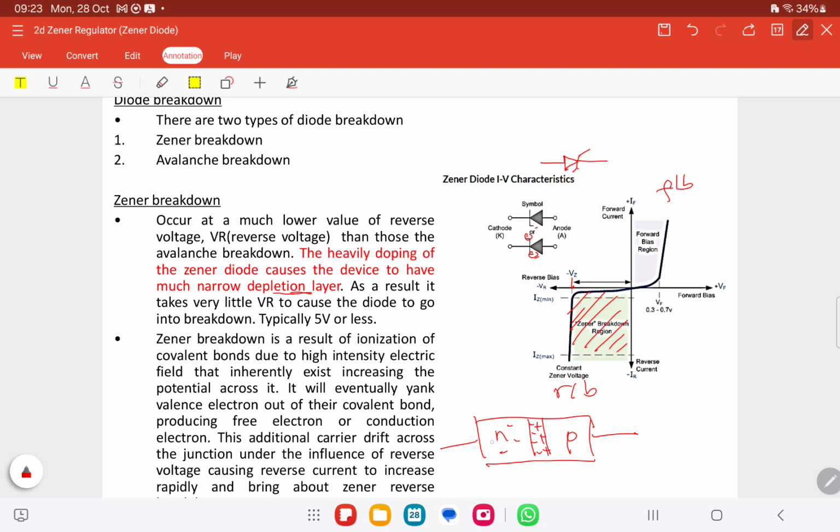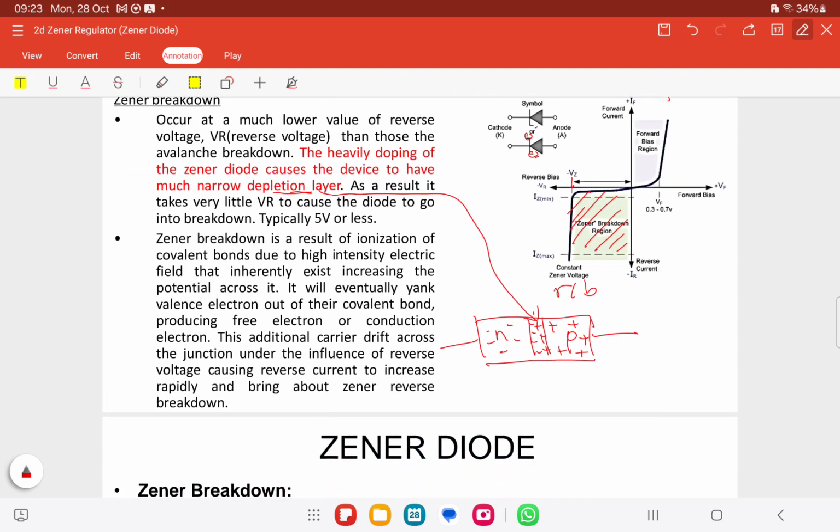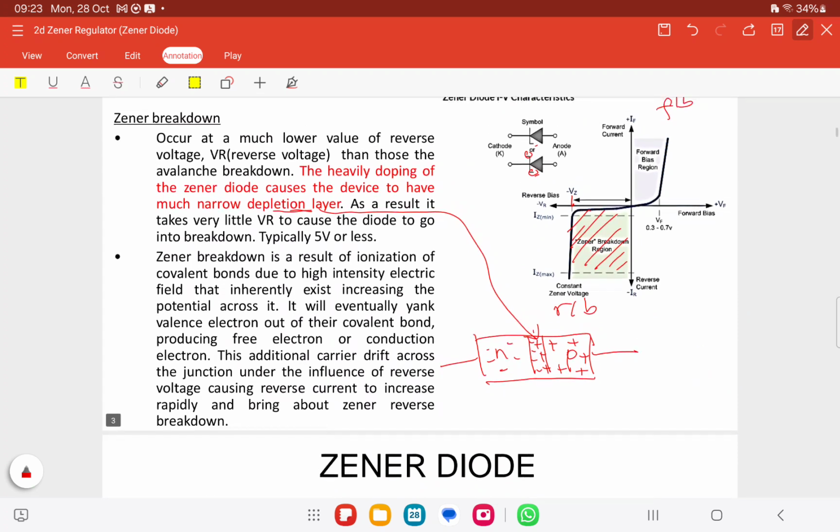Kalau N dia ada negative electrons, kalau P dia ada hole kan. Okay, so this is the depletion region, depletion layer tu, yang tengah tu. Okay. So this one kan datang daripada doping process yang kita inject dengan impurities nak jadi extrinsic semua tu kan. Okay, so that is the process.